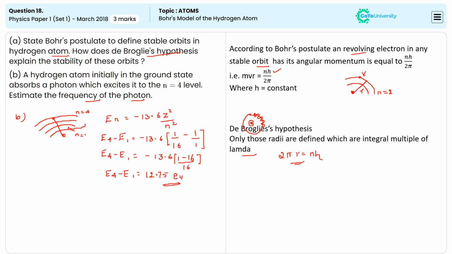Here we need to find the frequency with the help of this. We know that E is equal to h into nu, where h is a constant.